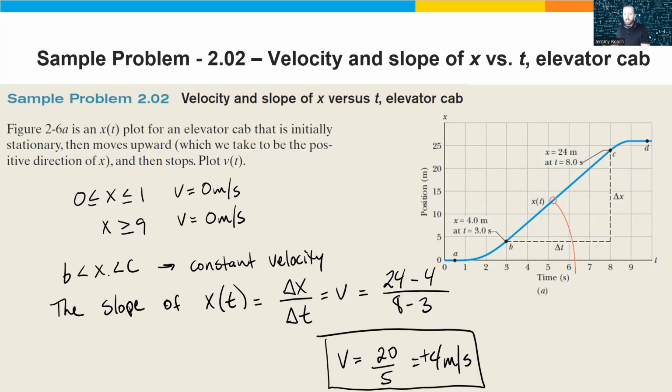So constant velocity is when t is between B and C. So here and here, we have a constant velocity. And we can identify that we have a constant velocity because there is a slope that is continuous. We have a linear relationship here.